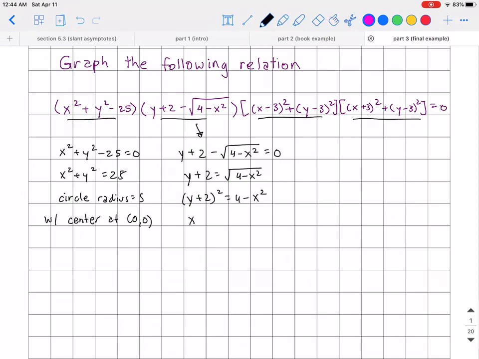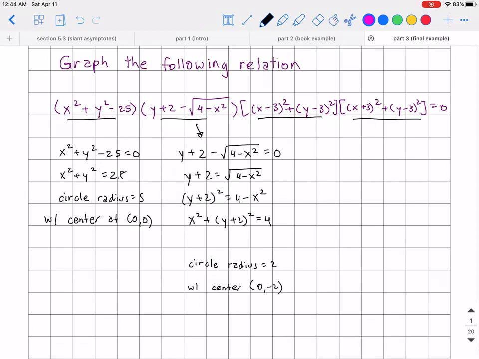And if I move the x squared to the other side, you'll notice that it looks a little bit more familiar to you as well. This is going to be the same idea: a circle with a radius of 2 with the center at the point 0, negative 2.